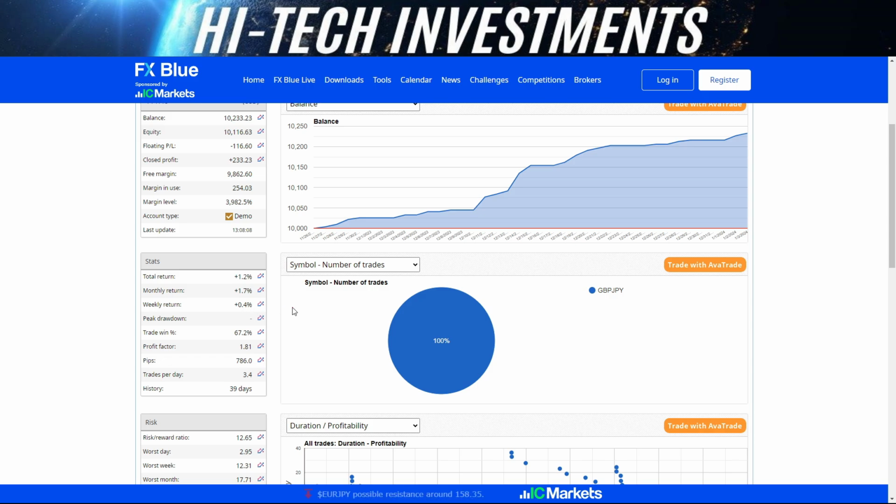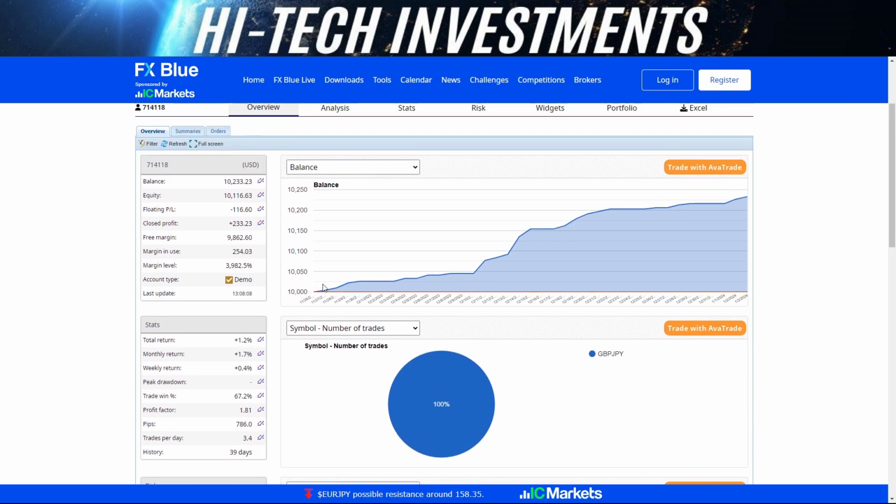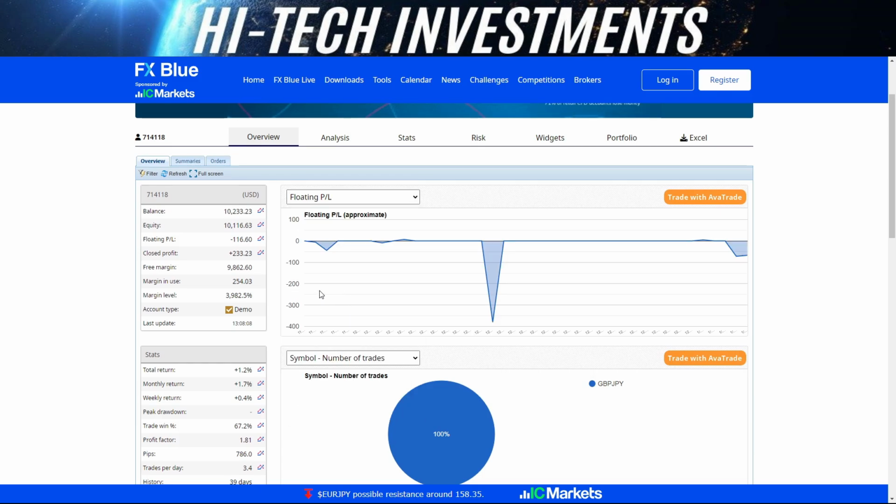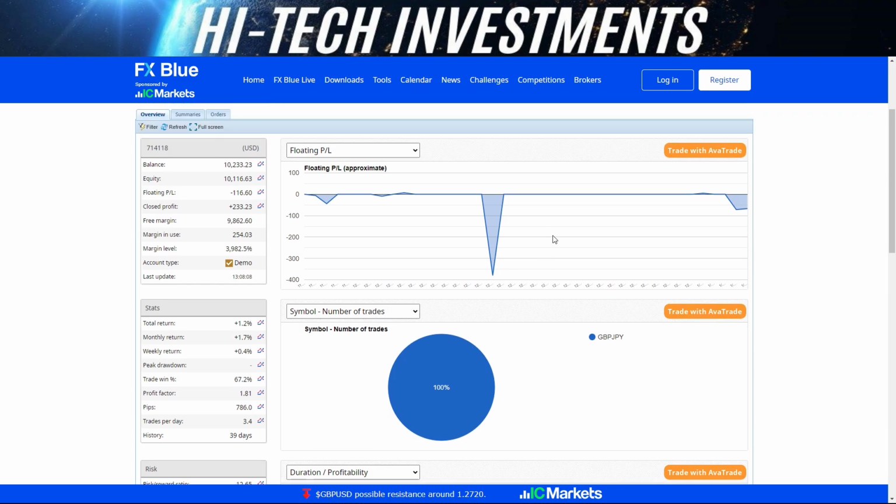Weekly returns 0.4, and this one is 39 days old. Let's have a look at the drawdowns. There's one big spike, 380, so that keeps within where we want it to be roughly, definitely below 500, below 300 even if we could, but it also looks like it's been trading quite nicely all the way through.